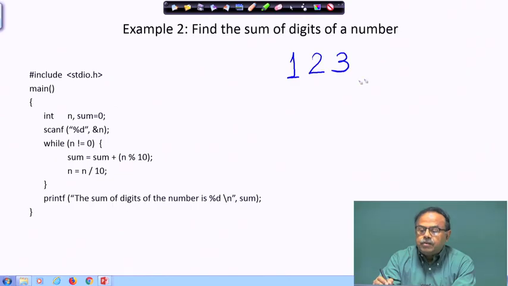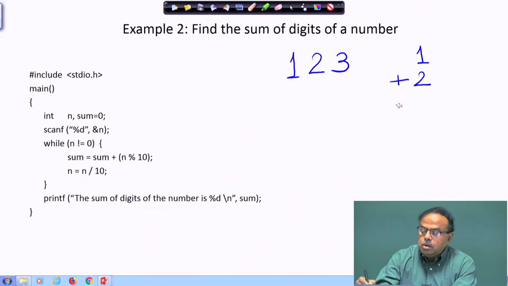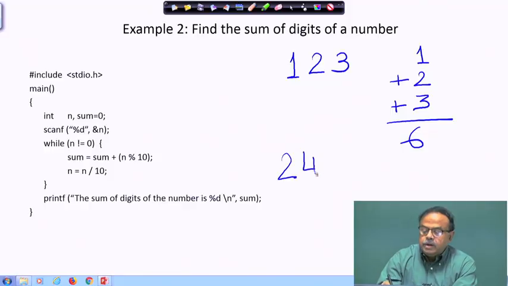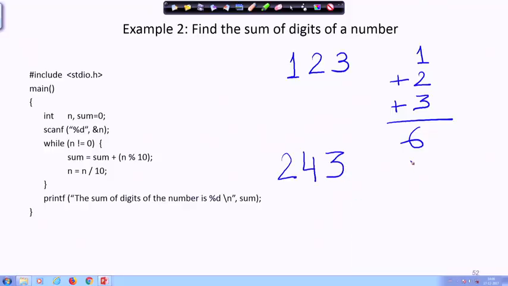Sum of the digits of a number means 1 plus 2 plus 3, 6. If my number is 243, then the sum of the digits will be 2 plus 4 plus 3, 6 and 3, 9. Okay. This is what I want to find out.